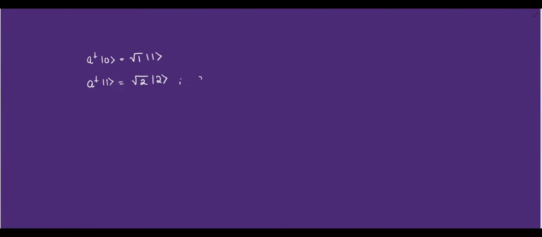This can also be written as A dagger acting on A dagger acting on 0 is equal to root of 2 into root of 1 into 2. If I act A dagger on 2, this is equal to root of 3 into 3.